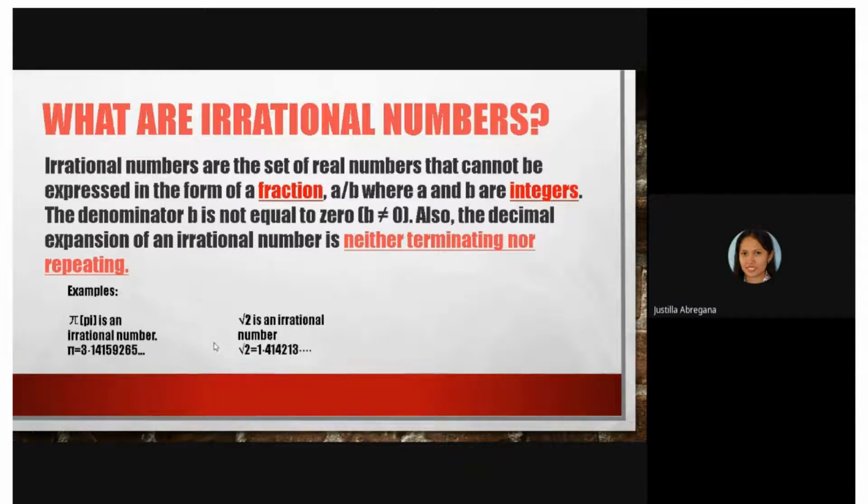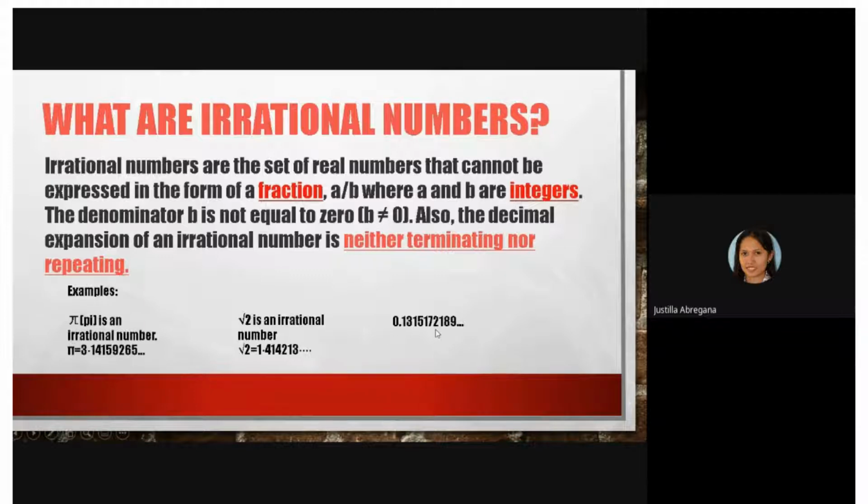Next is the square root of 2. The square root of 2 is an example of an irrational number because it has a value of approximately 1.414213 and so on. Still, it is a non-terminating and non-repeating decimal. Another example is 0.131517218 and so on.